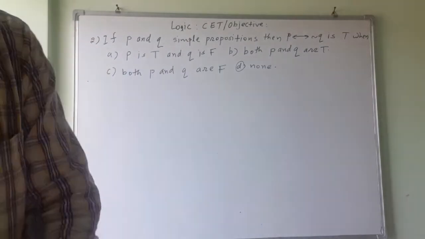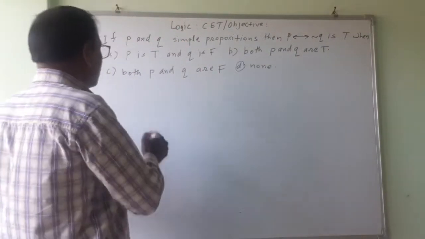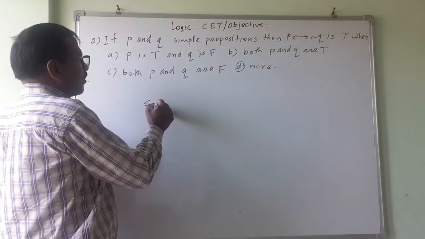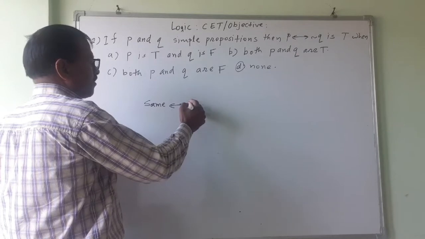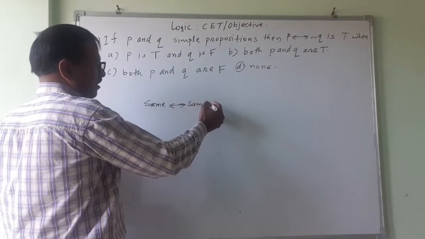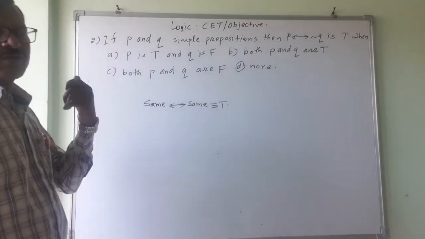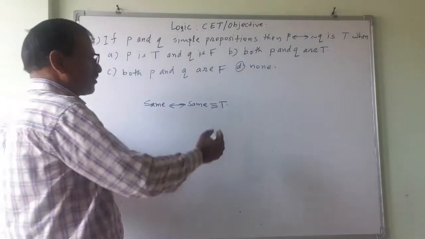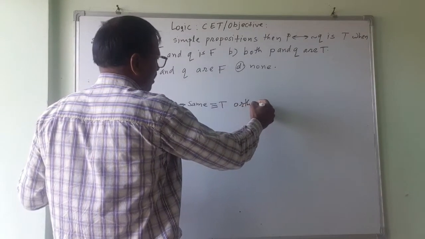So double implication means the truth table I should know. When it is true, same, while teaching I have taught you, double implication same is equivalent to true. Otherwise false. Just try to remember this.